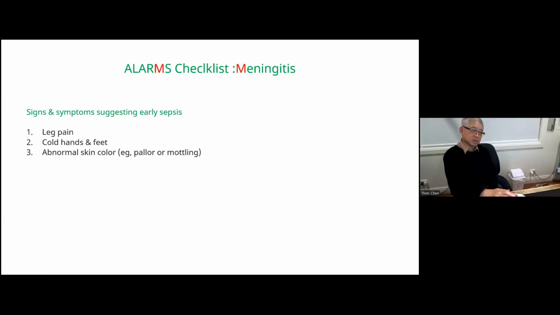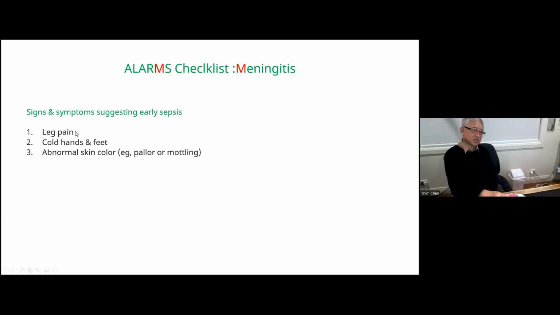They say if you have any of these 3 signs, you may be dealing with a case of early sepsis and meningitis. The problem with meningitis is that we don't see them nowadays. As general practitioners, we don't see enough of them to be able to diagnose. Number two is that because of our good vaccination program, we don't see a lot of meningitis nowadays. The second thing is that they progress very fast.